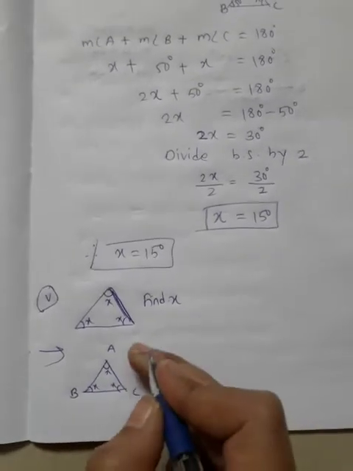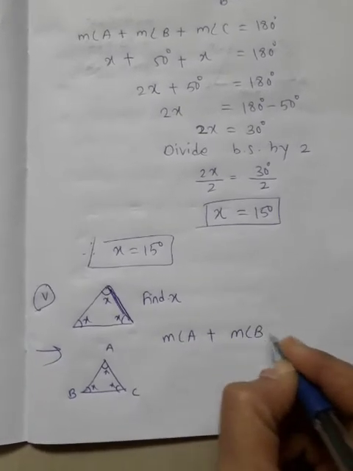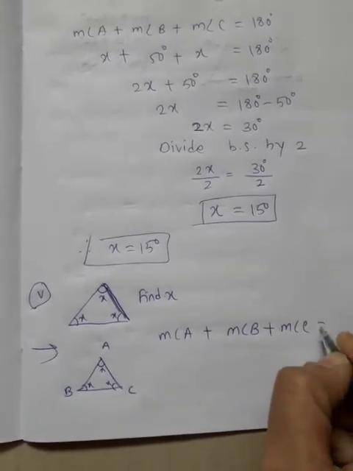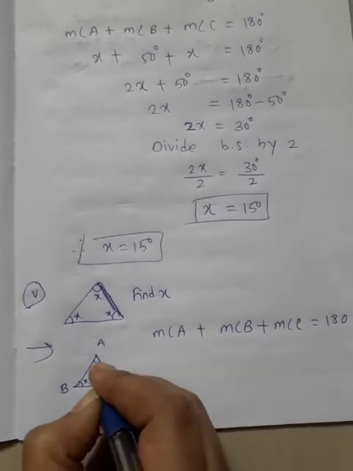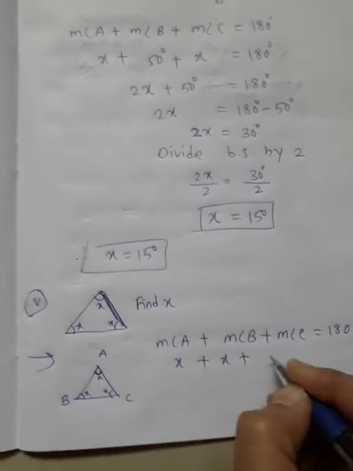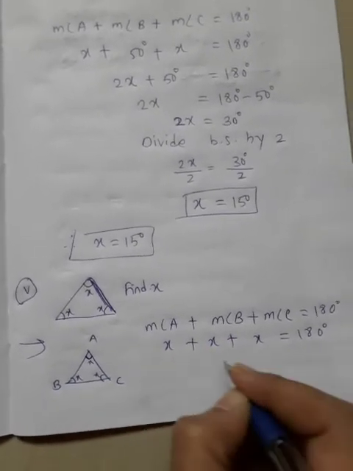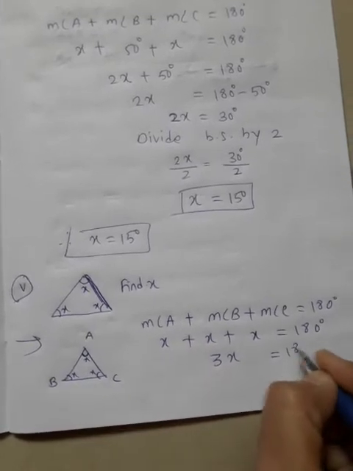We know sum of measures of angles of a triangle is 180. So measure of angle A plus measure of angle B plus measure of angle C is equal to 180. We have given measure of angle A is x, measure of angle B is also x, measure of angle C is also x, equal to 180. x plus x plus x, 3x is equal to 180 degree.